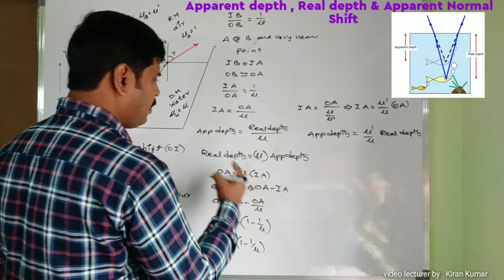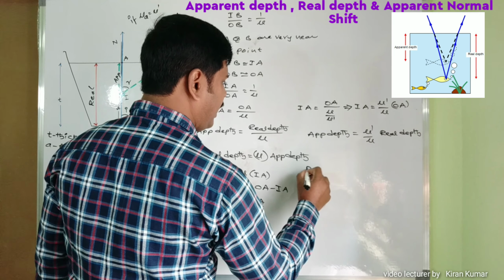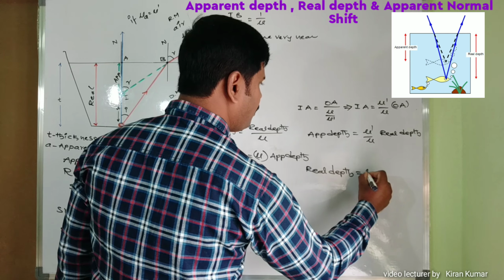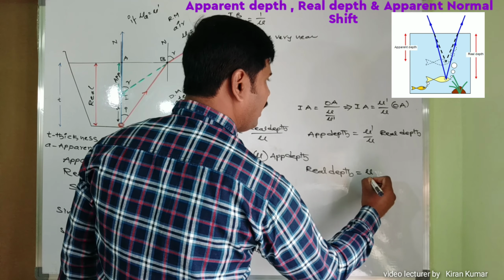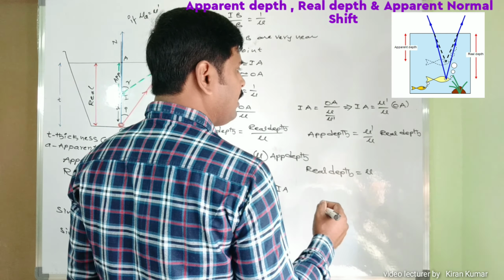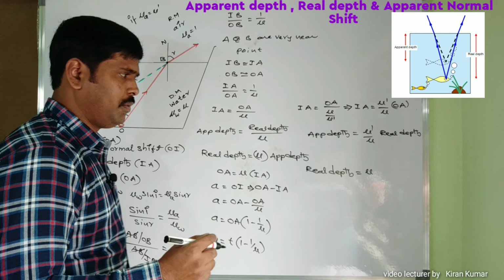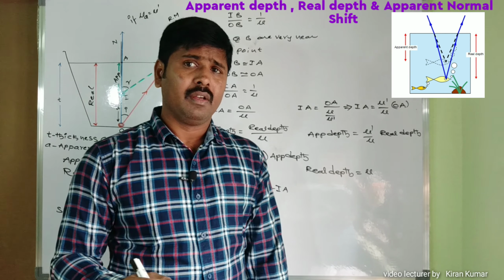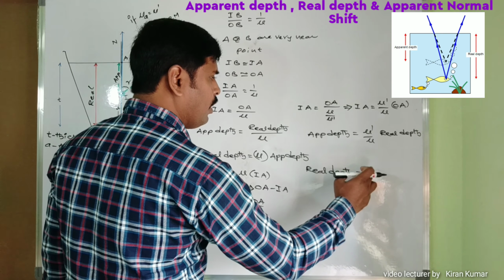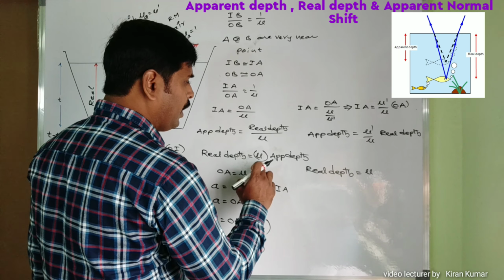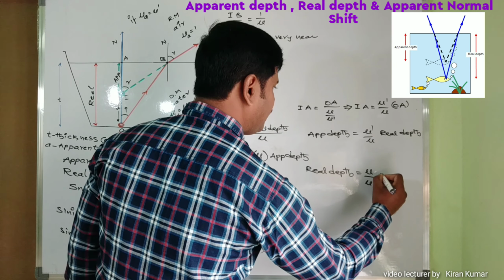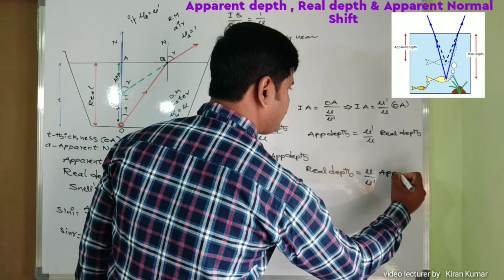And also real depth equals mu divided by mu dash into apparent depth.